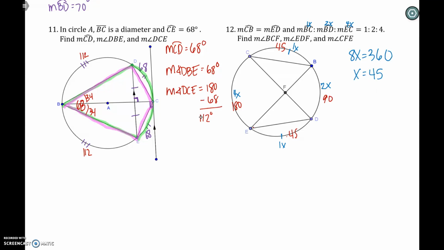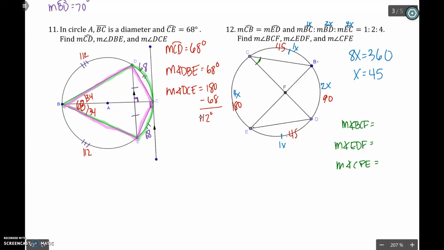Okay, and then they want us to find angle BCF, angle EDF, and angle CFE. So BCF, that would be this one.